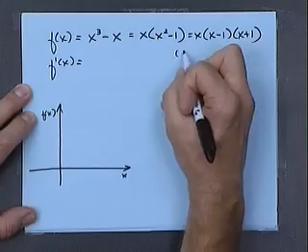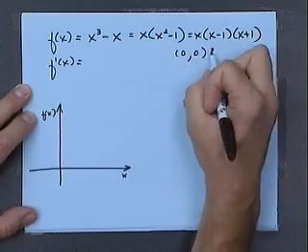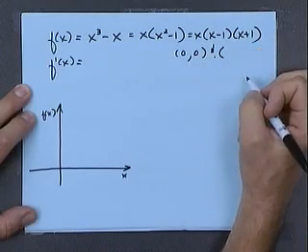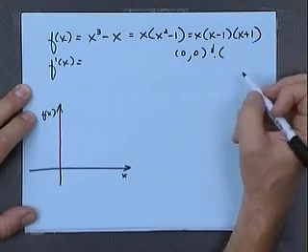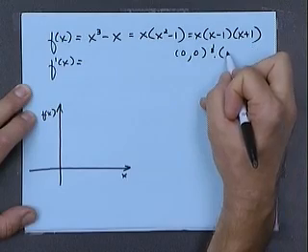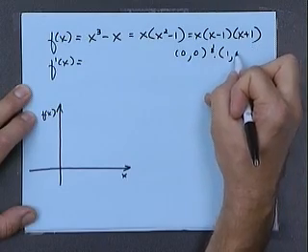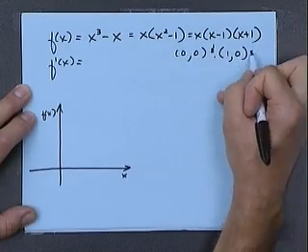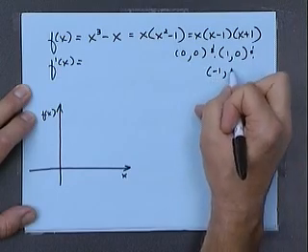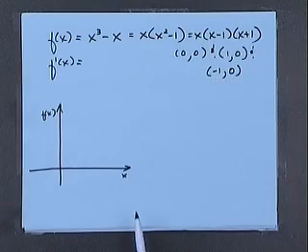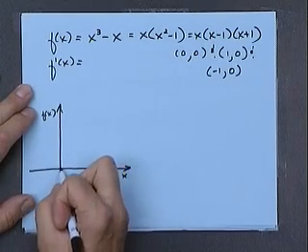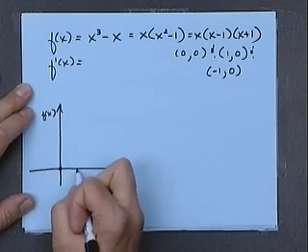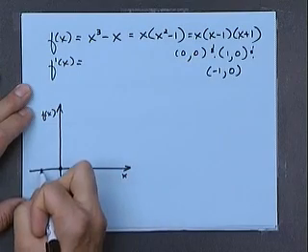Okay. When x is 1, y is 0, and when x is negative 1, y is 0. Those are probably 3 pretty important points because that's where it hits the x-axis. 0, 0, 1, 0, and negative 1, 0.